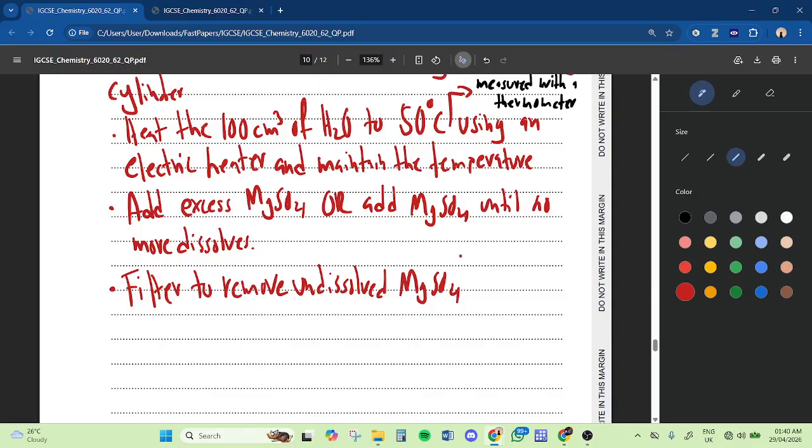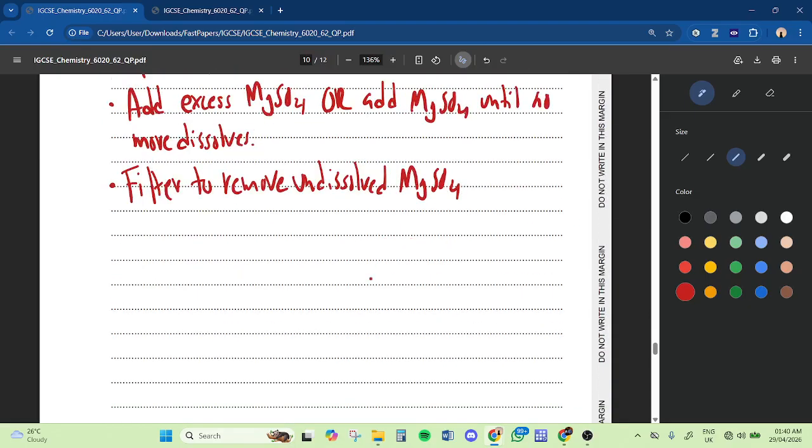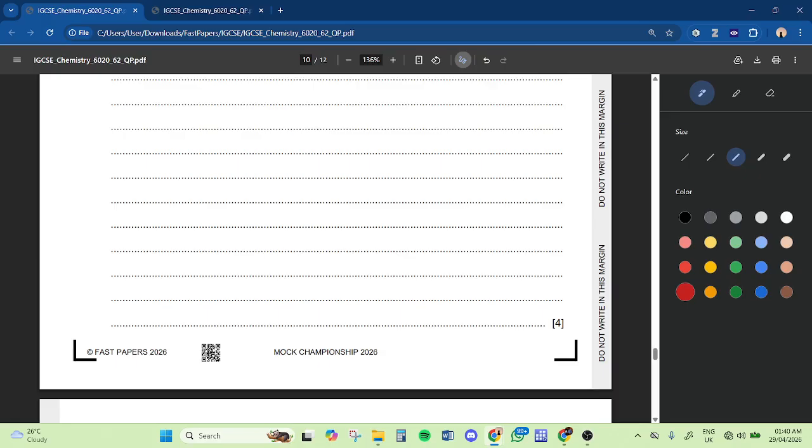MgSO4. What you've essentially done in this entire experiment is you have a beaker. The beaker is filled with 100 cm³ of water, the amount which you know. So this is your water. And you're going to add magnesium sulfate, MgSO4, and keep adding until you start seeing magnesium sulfate forming at the bottom.